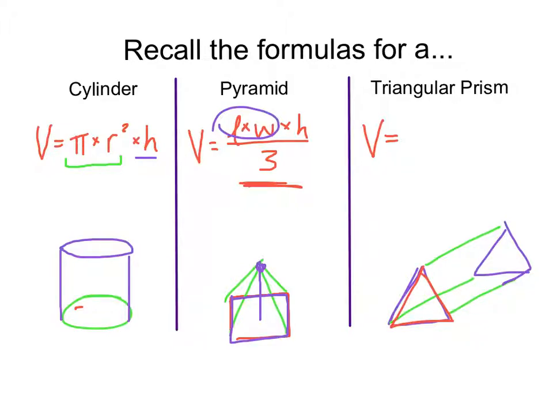And I know a triangle is base times height divided by 2. And I have to multiply that by the length, or how far back this rectangular prism goes. These are not the only ways to write these formulas, but these are the ways that make the most sense to me. There's many ways you can do that though, so if you have questions, come talk to me.